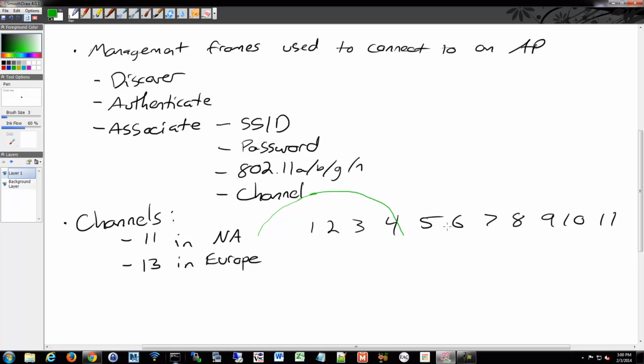And I drew that terribly, but the idea is channels 1, 6, and 11 do not overlap. So if you send traffic on channel 11, it will in no way cause issues on channel 6, and will in no way cause issues on channel 1.